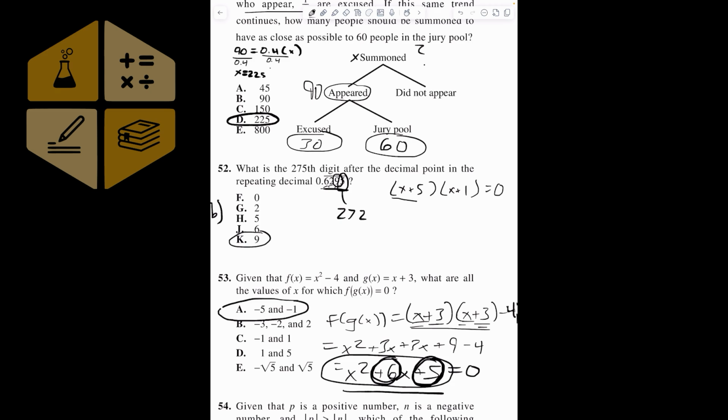So when I set up my binomials like this, x plus 5 and x plus 1, set equal to 0, to figure out the two values where this parabola crosses the x-axis, I split these, and I set each of them individually equal to 0. So x plus 5 equals 0, and x plus 1 equals 0. Solve for x: subtract 5 from both sides, x equals -5. Subtract 1 from both sides over here, x equals -1. Same thing, -5 and -1.